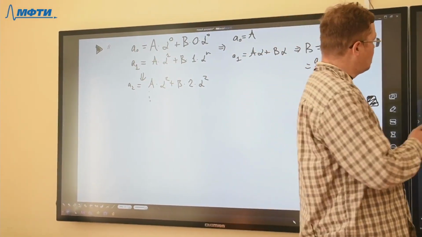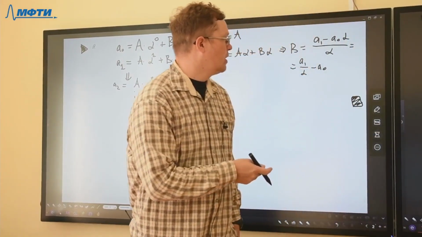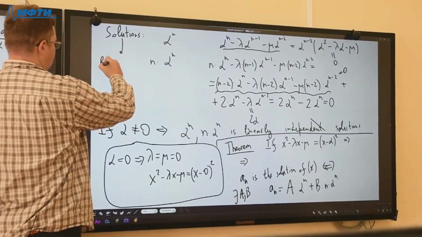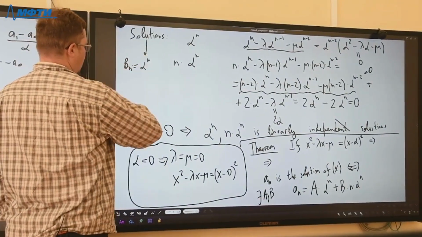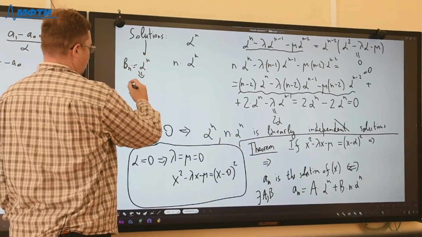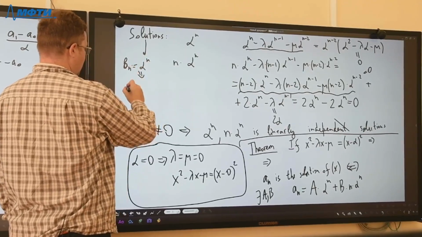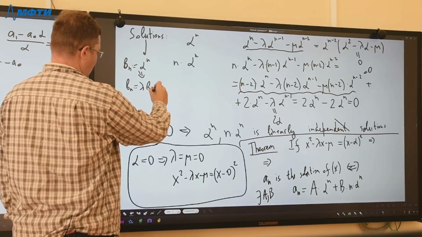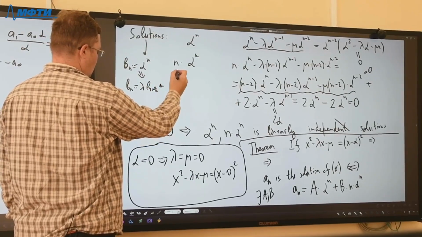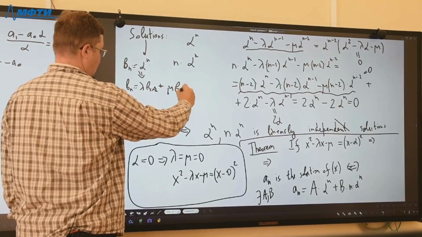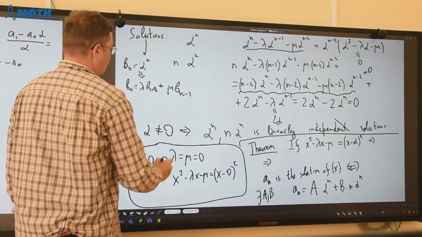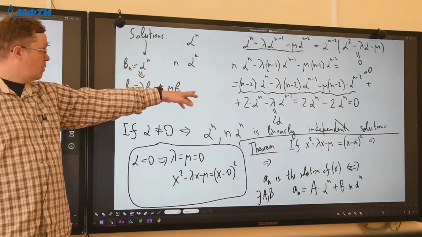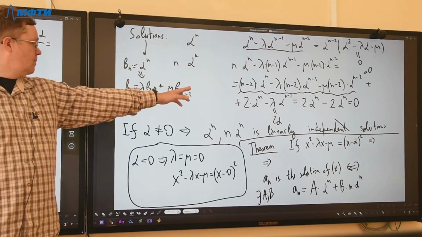I talk about the solutions of the recurrence relation. By solutions, I mean that if I take the sequence bn equal to alpha to the nth power, then bn will satisfy the recurrence relation that I wrote before. The same holds for n times alpha to the nth power. I just checked that they satisfy these recurrence relations.